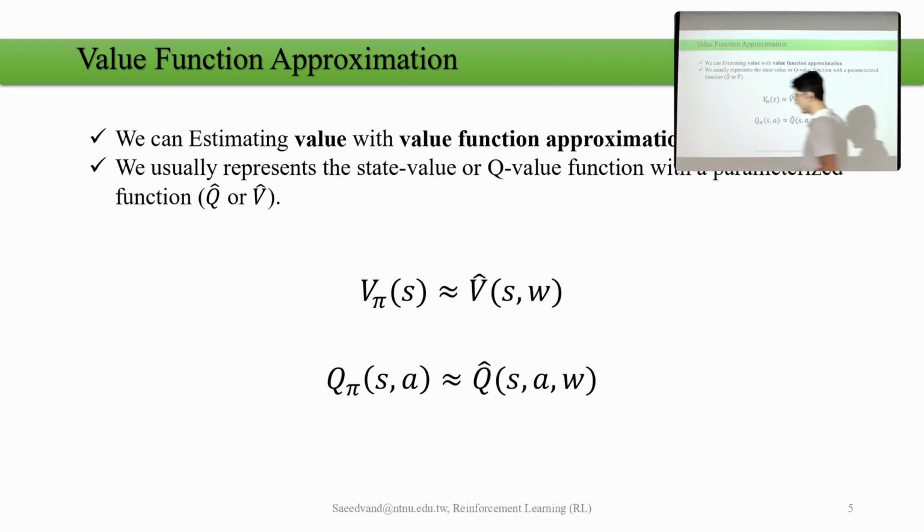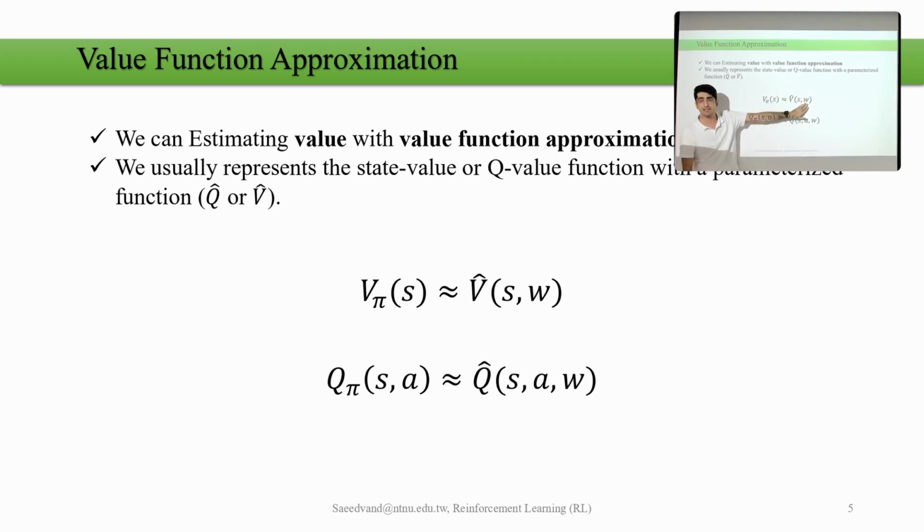We usually show it in this form, which is very common. We can write the value V pi of the state as approximately equal to the estimation of the value for that state and the weights that I want to find.